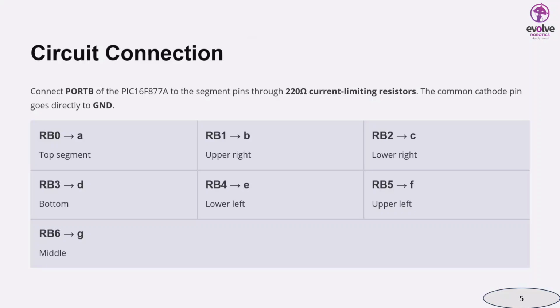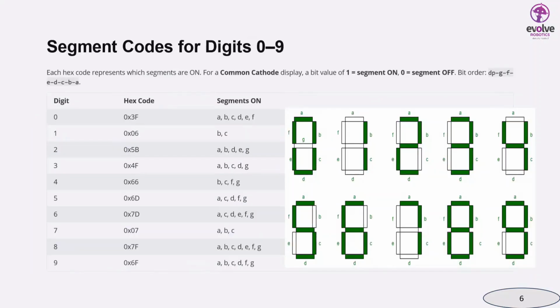Now, how to display digits on a 7-segment display? To display digits, we send a specific binary or hexadecimal value to Port B. Each value determines which segment will turn on. In common cathode display, logic 1 means on and logic 0 means off.